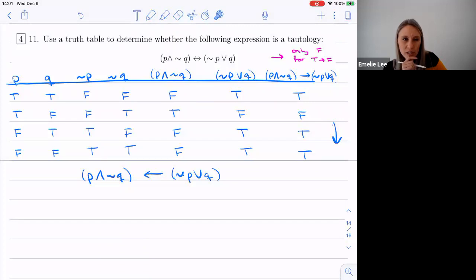Can you go straight to the if and only if? Only if it's a tautology. Oh, like here. Feeling a little rusty here. You probably can. It's only going to be true if they're the same, right?